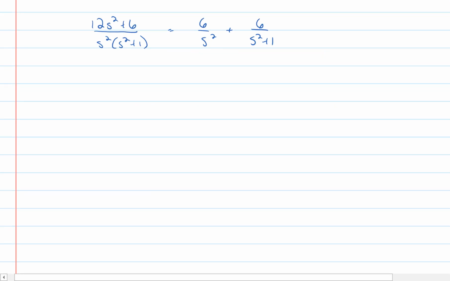Alternatively, if you're not a fan of the complex number part, a different method would be to, let's just draw a little box here.